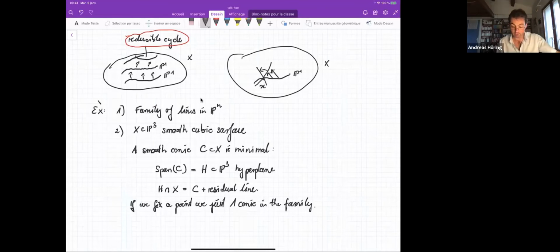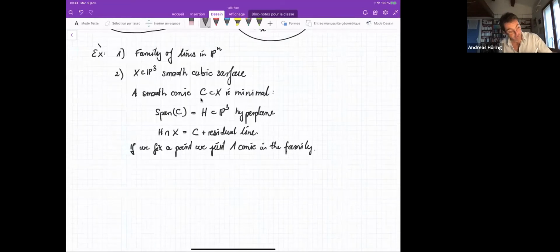And now what do we really have to know about them? Well, for the purpose of this talk, there's this following property, which is very important.